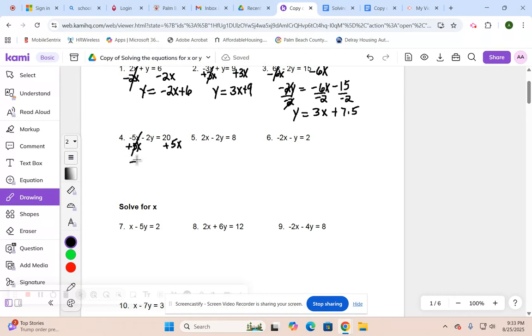We're going to end up with negative 2y on this side equals 5x from here plus 20 because it's positive 20. Okay, we're not finished because we need to solve completely for y. So that means we have to divide every term by negative 2.